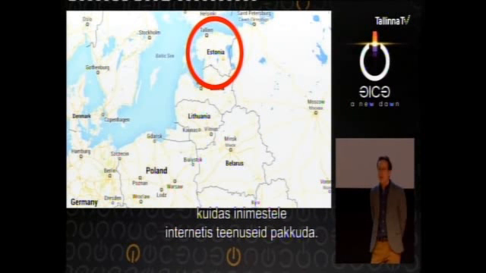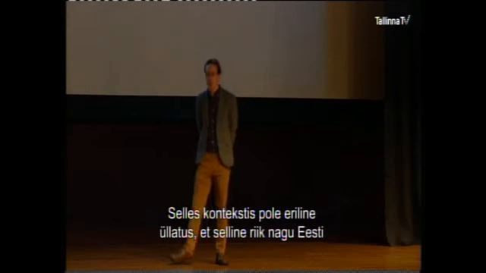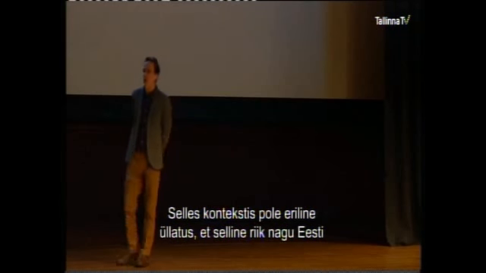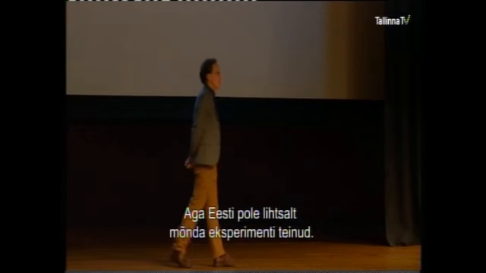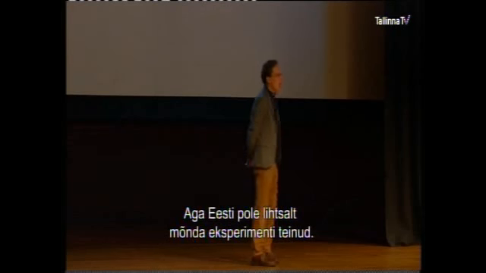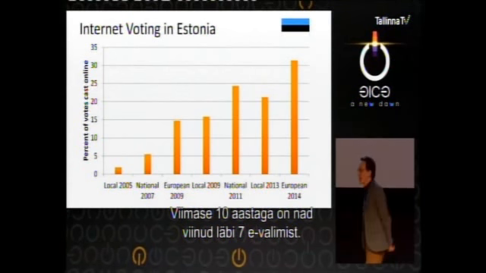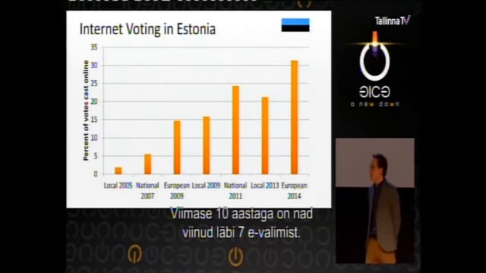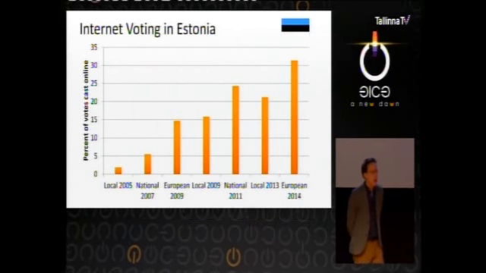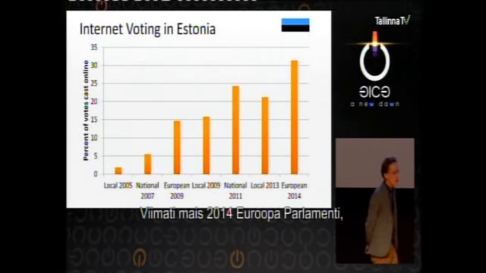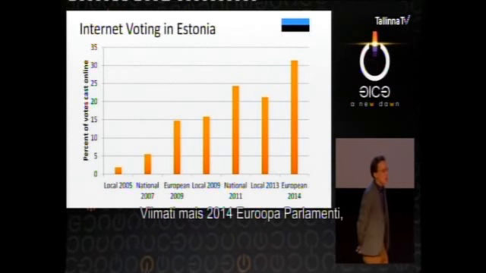So within that context, it's a little less of a surprise that a country like Estonia would be experimenting with internet voting. And yet Estonia has done more than just run a few trials. Over the past decade, they have now conducted, I believe, seven elections over the internet, including the most recent election in May of this year for European Parliament.